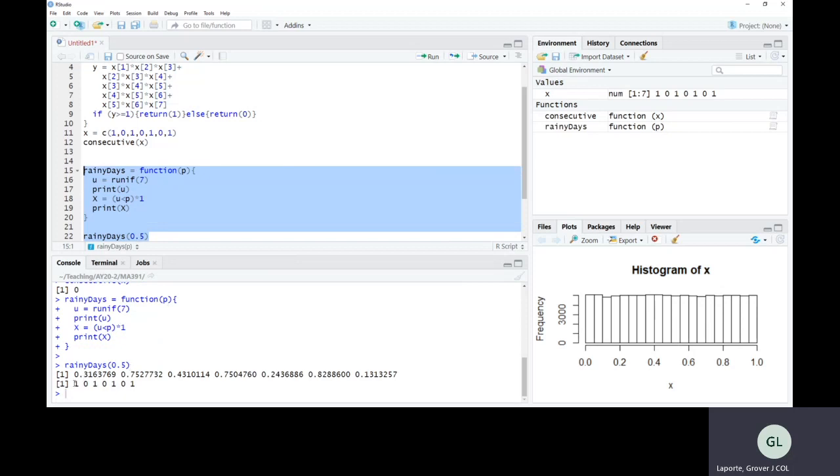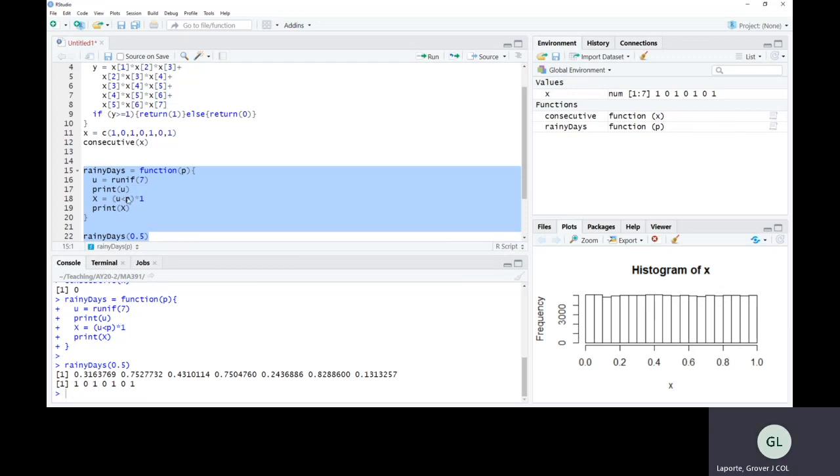Right, so 0.3 was less than P, so that was equal to 1. Is that what we said earlier? I mean, it doesn't matter which side you put it on. But do I want that to be the probability of success? I want that to be the probability of failure.